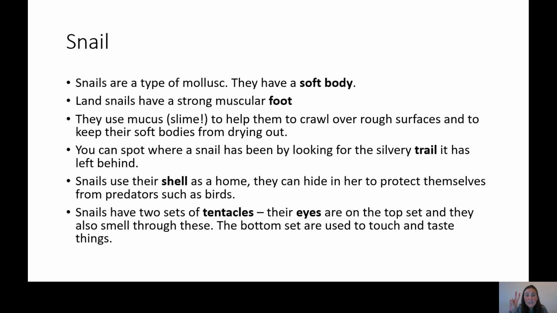Snails have two sets of tentacles. Their eyes are on the top set, and they also use that top set to smell through. The bottom set are used for touch and for tasting things.